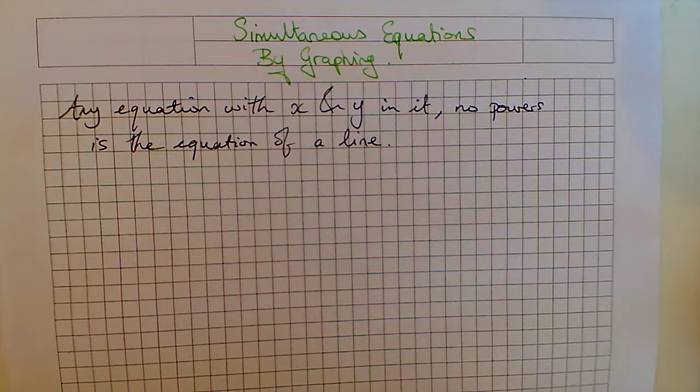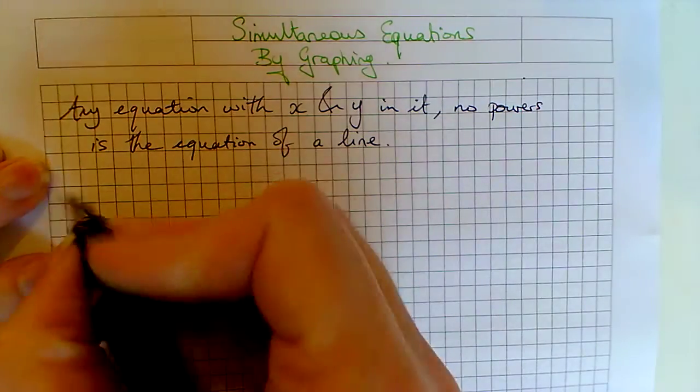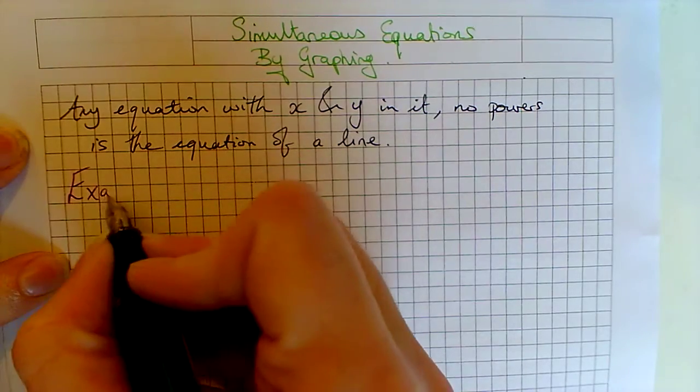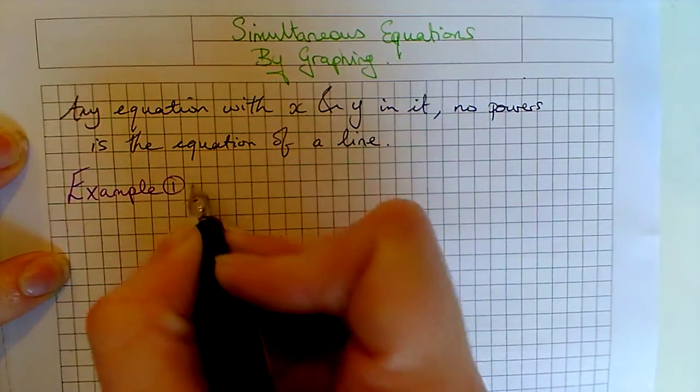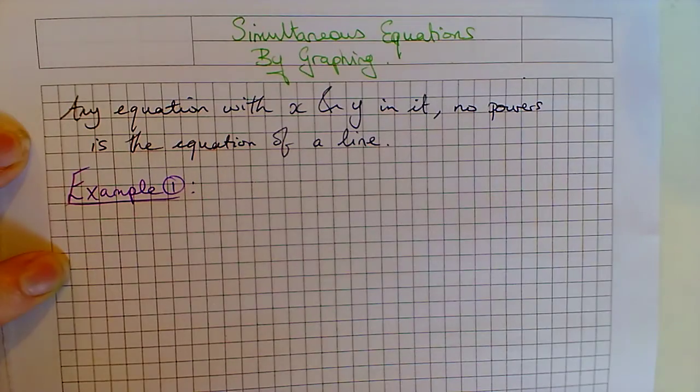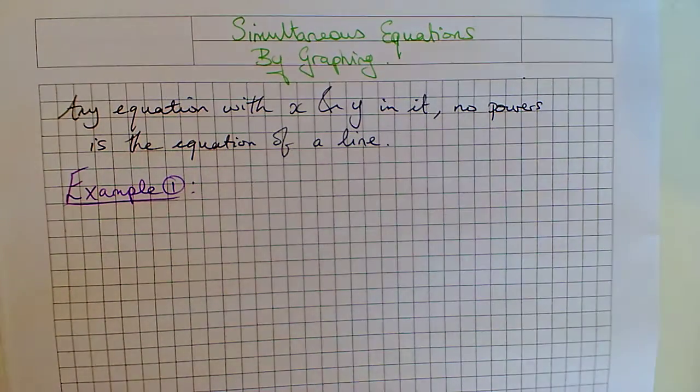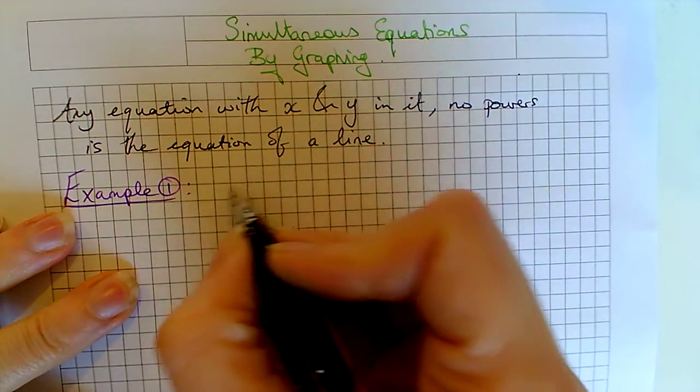So let's do an example where we're asked to find the point of intersection. The point of intersection is the solution to simultaneous equations of 2 lines by graphing. We're told that these are our 2 lines.